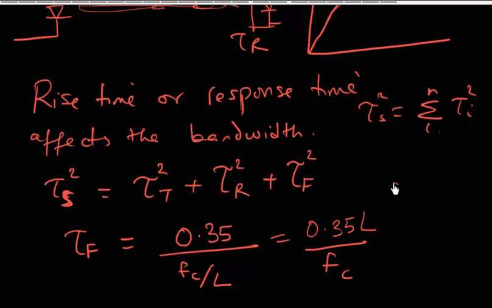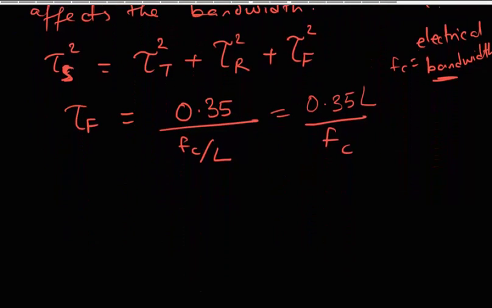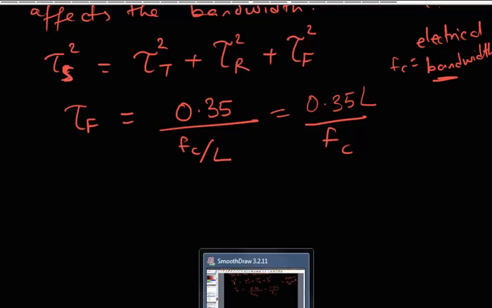F_C is called the electrical bandwidth. Take note: electrical bandwidth, that's F_C.